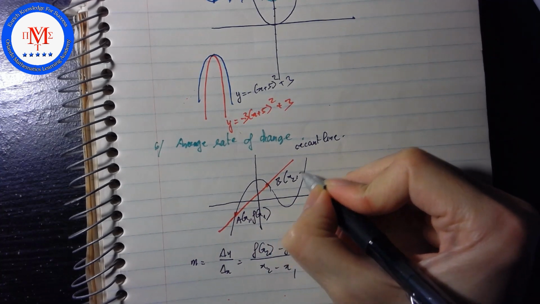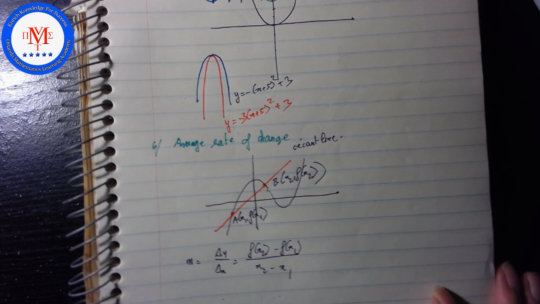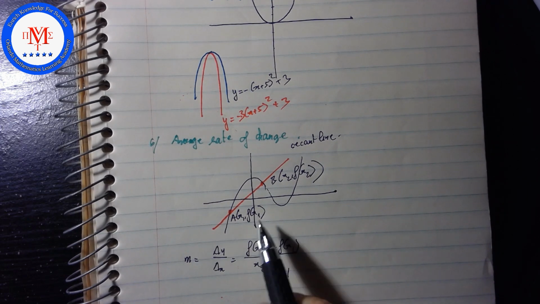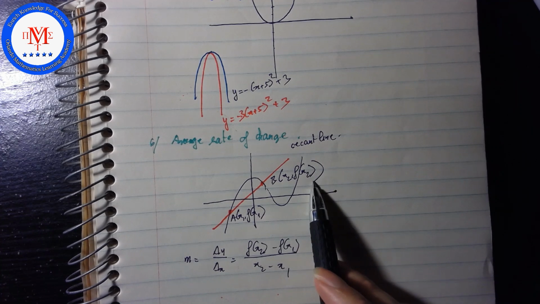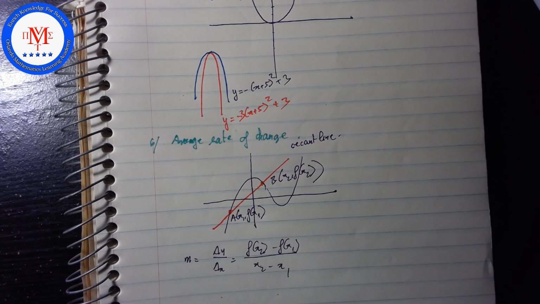So you see that it's not much different from the slope of the linear function, right? In the linear function we have m equal to y2 minus y1 over x2 minus x1. So basically f(x2) is the y component, y2. But for this average rate of change, the secant line is just the line that connects 2 points on the curve. Okay, so that's the only difference.